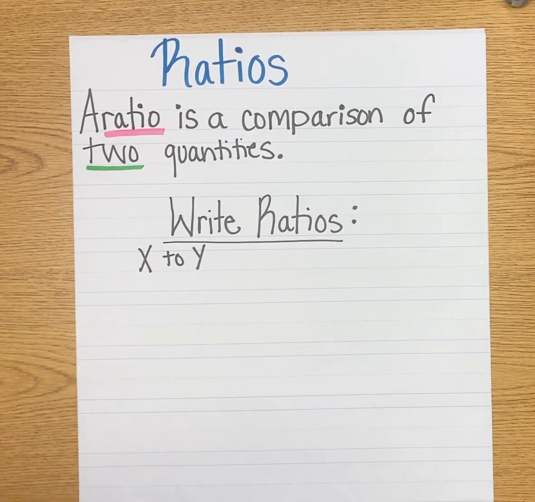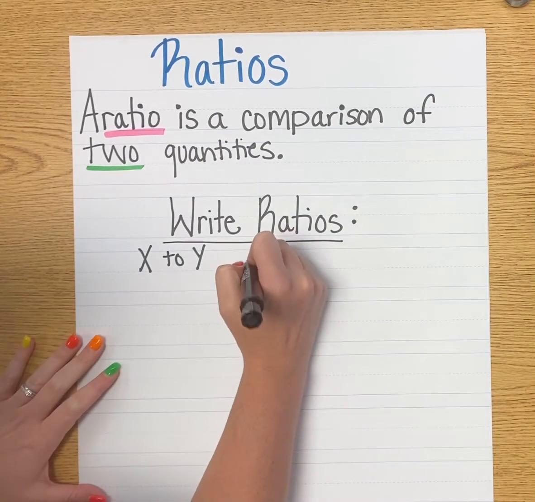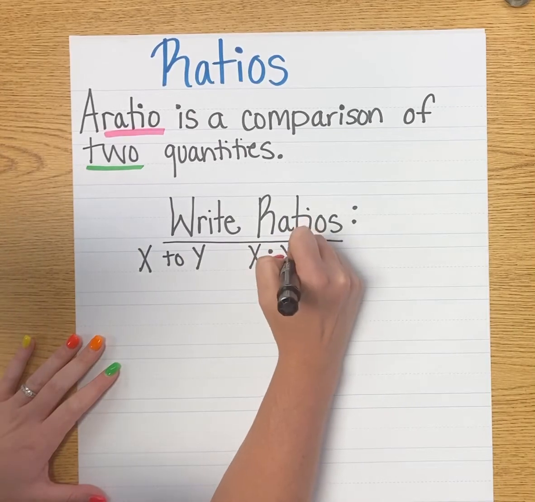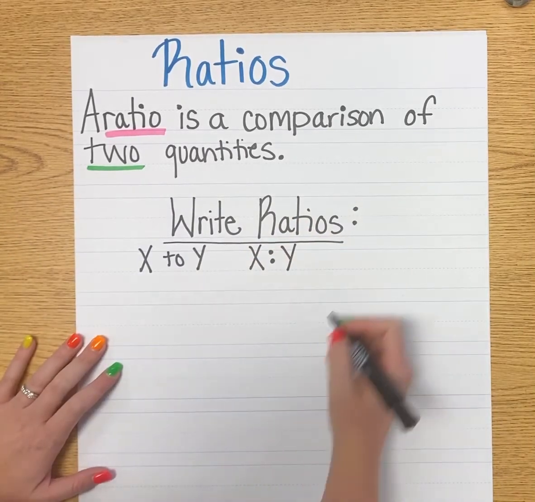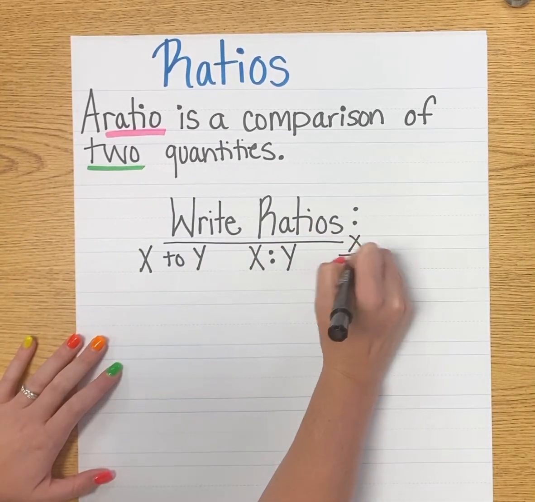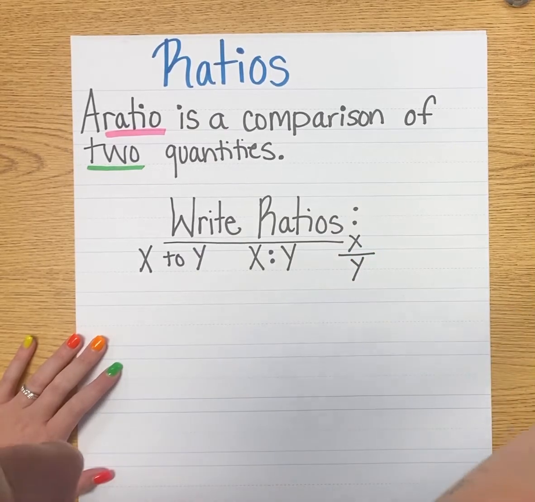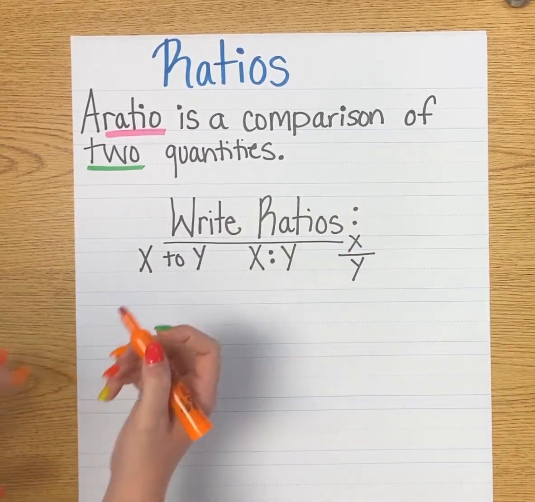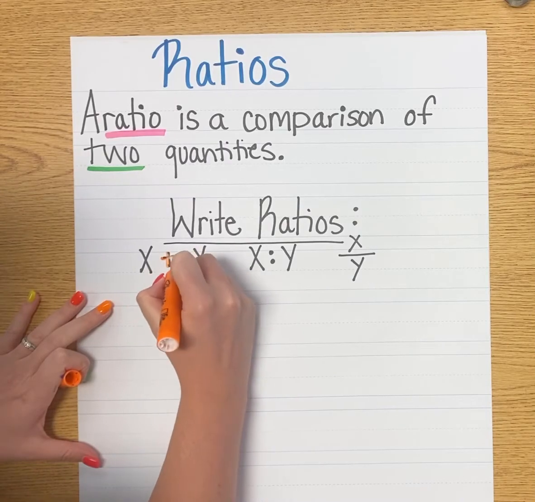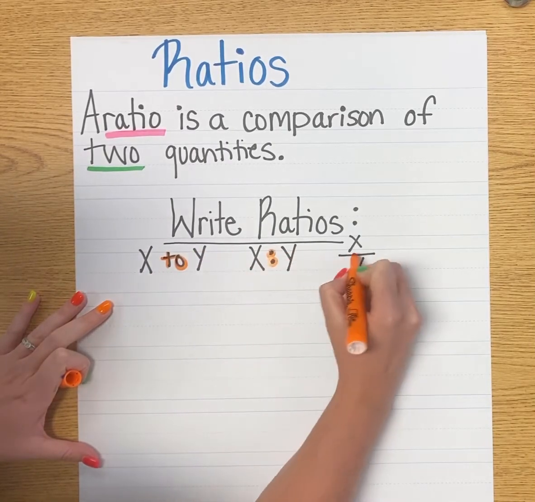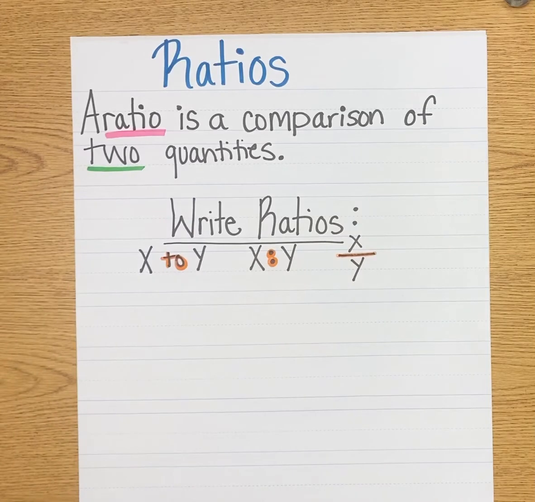Comparison. Two, we could do X colon Y, and you can write it as a fraction, X over Y. Okay? Those are the three ways we can do it. We can do our colons, or we could do a fraction.